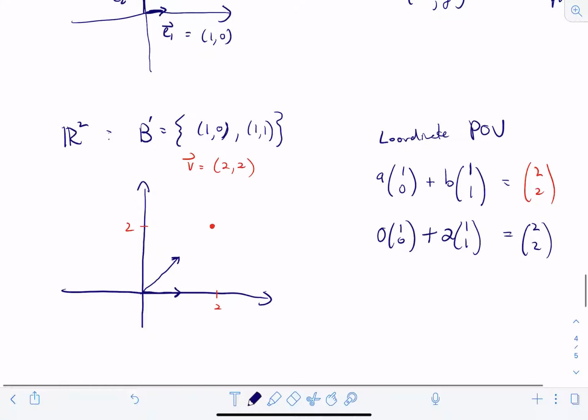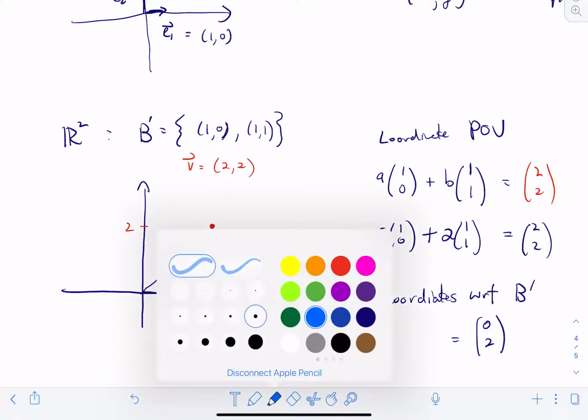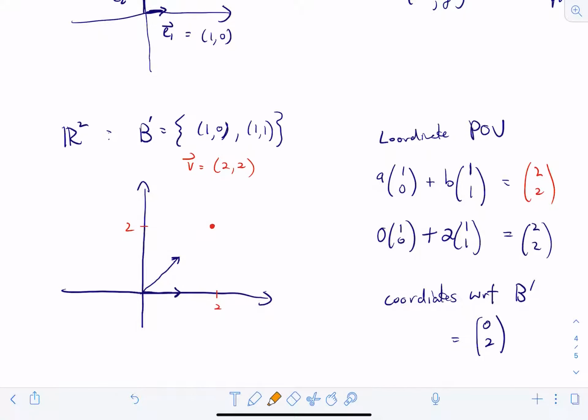So in this case, the coordinates with respect to, so you put WRT to stand for with respect to B prime, this is going to be equal to 0, 2, right? And why is that 0, 2? It's equal to 0, 2 because the first coordinate of the ordered basis is going to be 0, and the second coordinate of the ordered basis has to be 2. So we simply list the coordinates there.